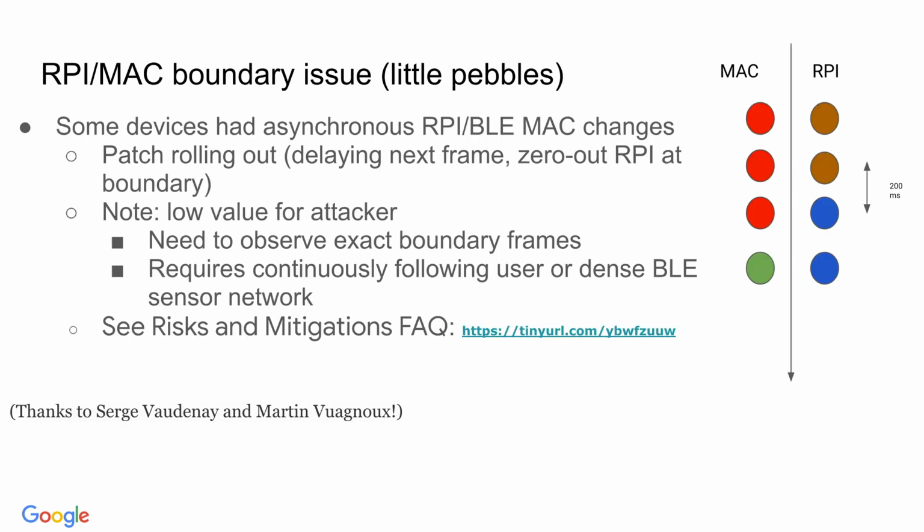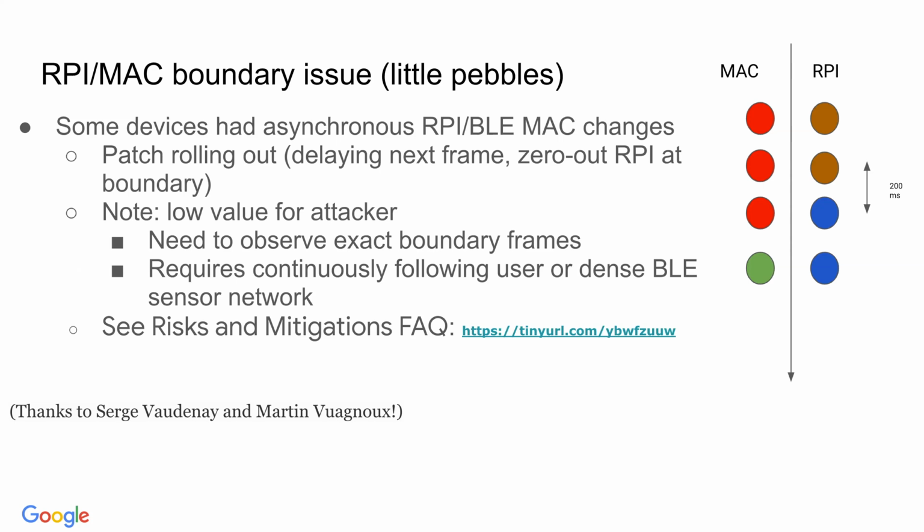All right, as I mentioned, there was an attack reported by Serge and Martin on the Bluetooth rotation part of the design. And the way this attack works is, for a set of phones, the MAC address and the RPI actually were found to not rotate precisely in sync.